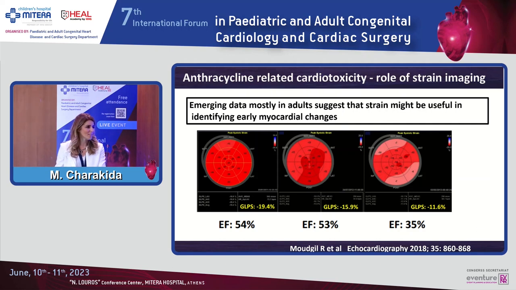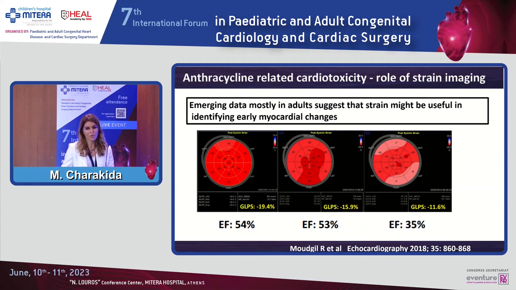Now, in another field, in the oncology patients, we know that cancer patients now live for longer, but toxicity from the medication and cardiac toxicity is a concern. And we have emerging data, mostly in adults, that suggest that using strain might be useful in identifying early myocardial changes.